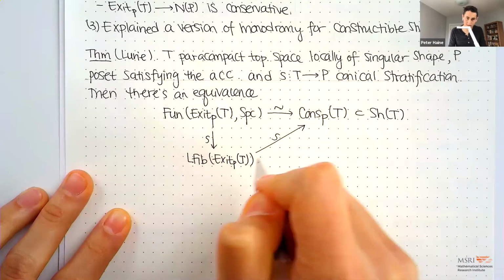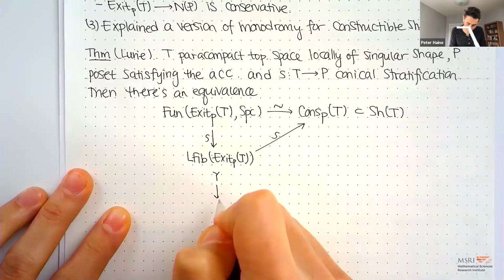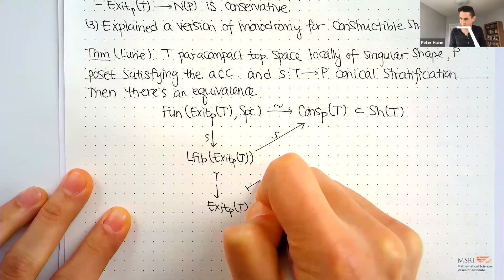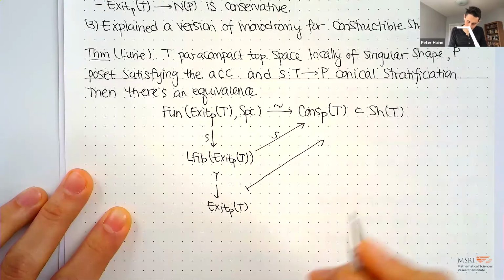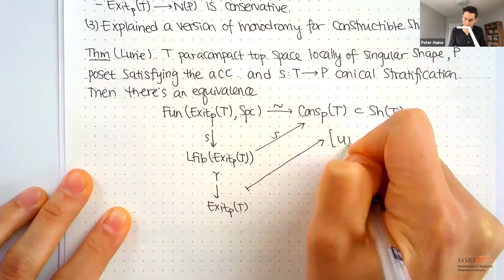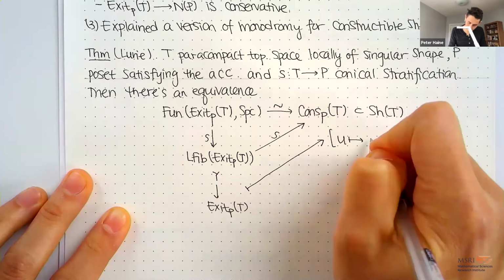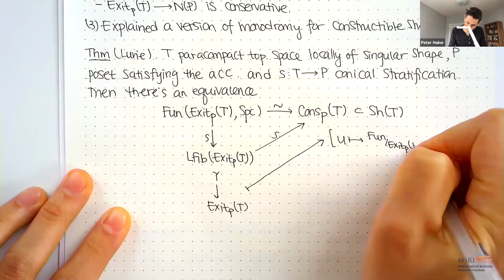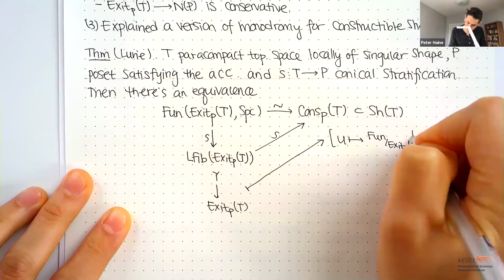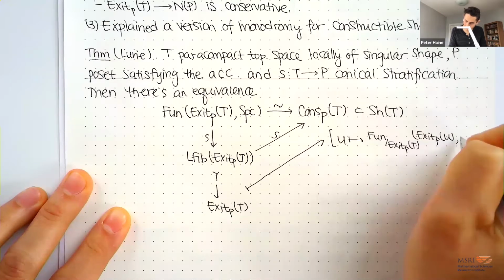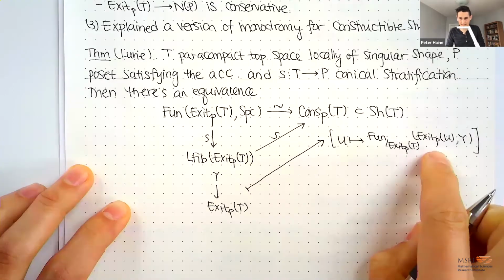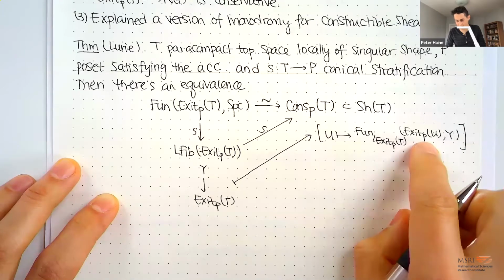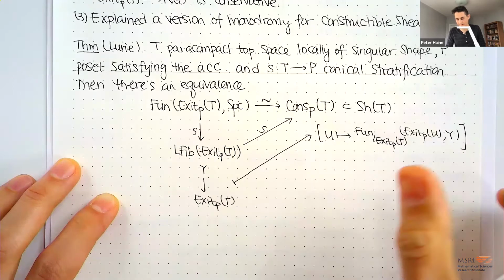It's going to send a Y over this exit path category that's a left fibration to a presheaf that sends an open subset to functors over exit P of T from exit P of U to Y. And the thing to note, as Ezra asked last time, is that this conical condition is somehow made to be local.